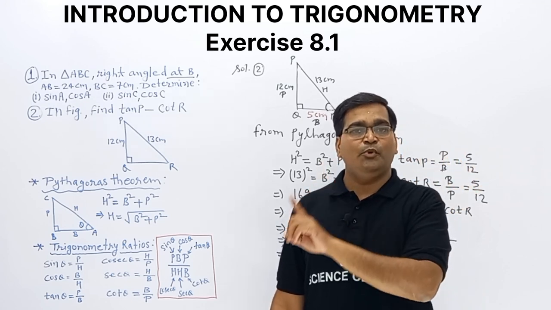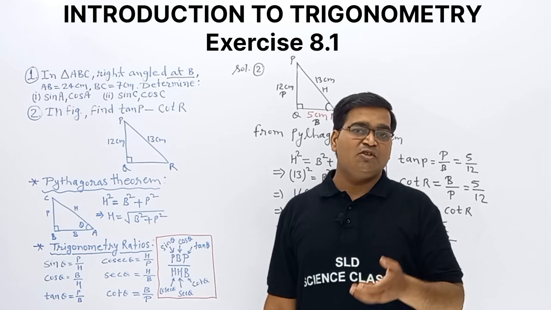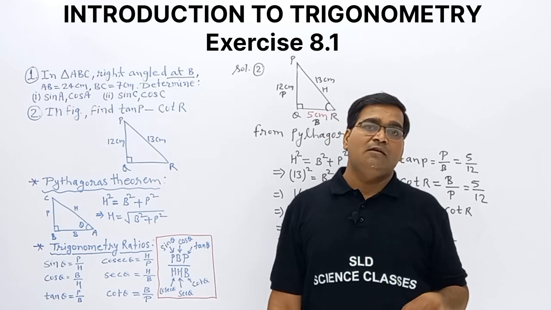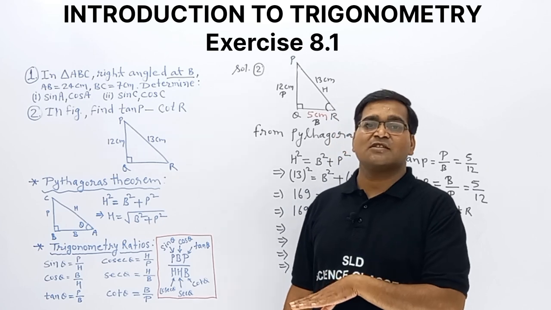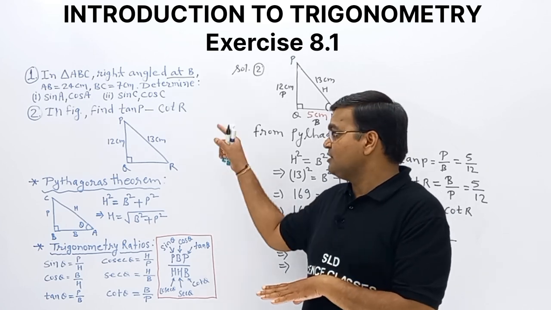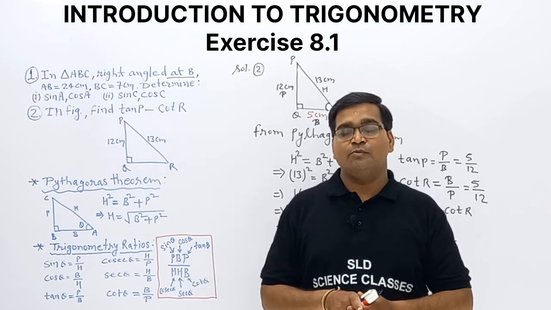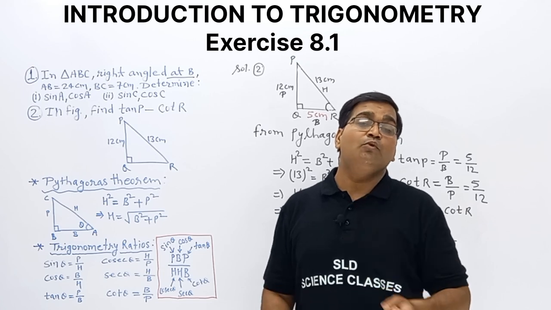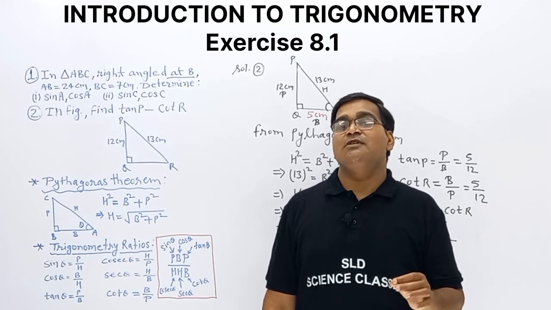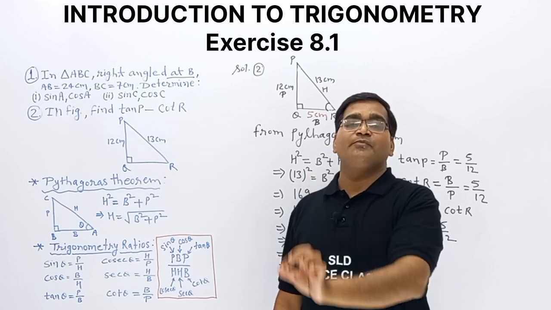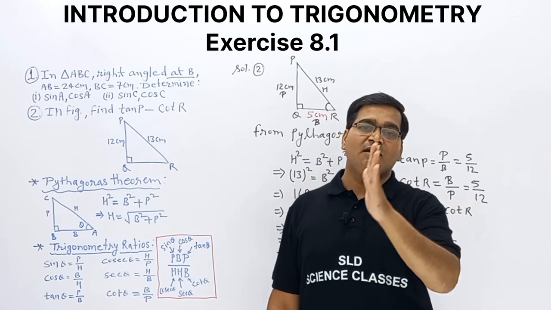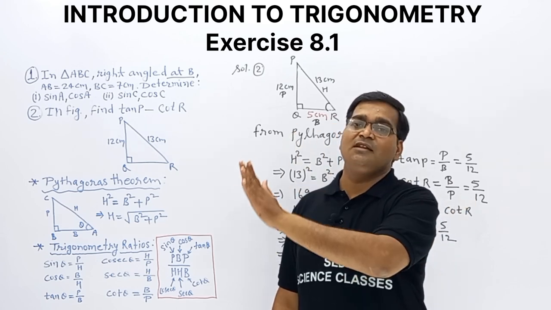We started 8.1; we will finish this, then go to 8.2 and 8.3. In 8.1 we have these types of questions where we want ratios. In 8.2, we want the values of trigonometry functions at some angles: 0, 30, 45, 60 and 90 degrees.